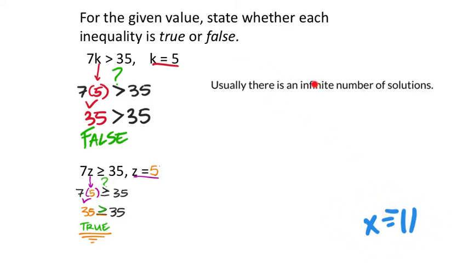Now we're saying that there's an infinite number of solutions. It falls upon us to show that there's an infinite number of solutions and which ones make it true. Just like this one right here, this value of 5 made it false. So while there's usually an infinite number of solutions, we can also say there is an infinite number of non-solutions.